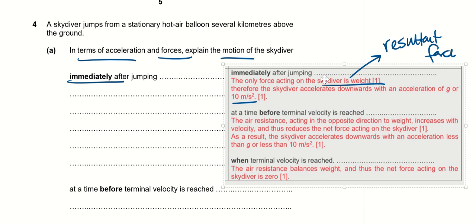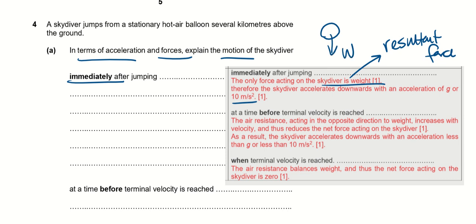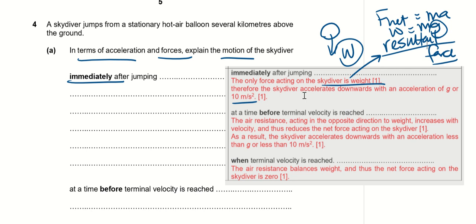If I were to draw the skydiver, there will only be a force called weight, and that makes weight the resultant force. Because F net = ma, or W = mg, the weight will bring about this acceleration due to g, and g has a value of 10 meter per second square because it's happening on Earth.